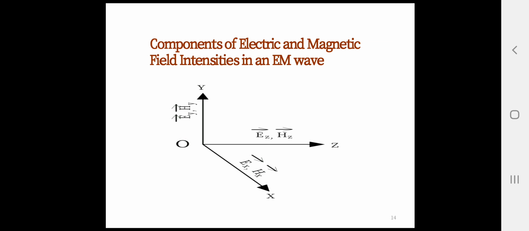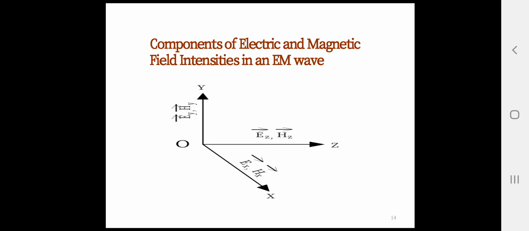Consider the components of the electric field and magnetic field in the electromagnetic field. From the figure, there are three axes: x, y, and z. The x axis has electric field Ex and magnetic field Hx. Similarly for the y axis, the electric field is Ey and the magnetic field is Hy. For the z axis, the electric field is Ez and the magnetic field is Hz.